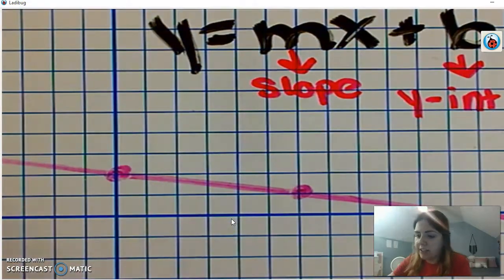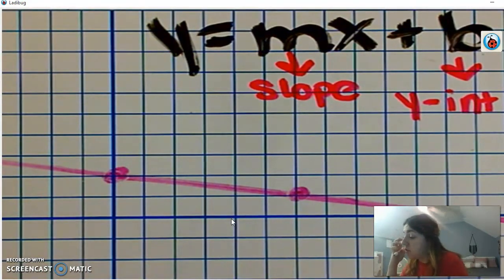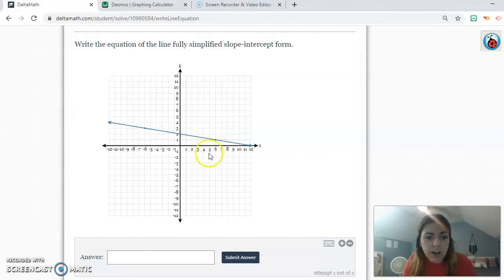And what I've done here, you always want to start by finding your y-intercept, which is fairly easy. If you look at your graph, the y-intercept is the number where the line crosses the y-axis. So there your y-axis is labeled, and the line crosses that at positive 2.